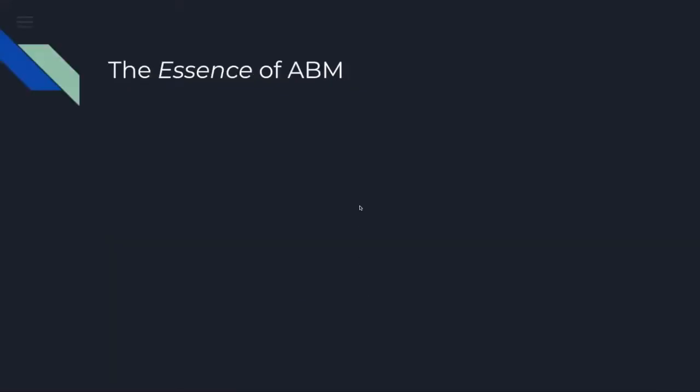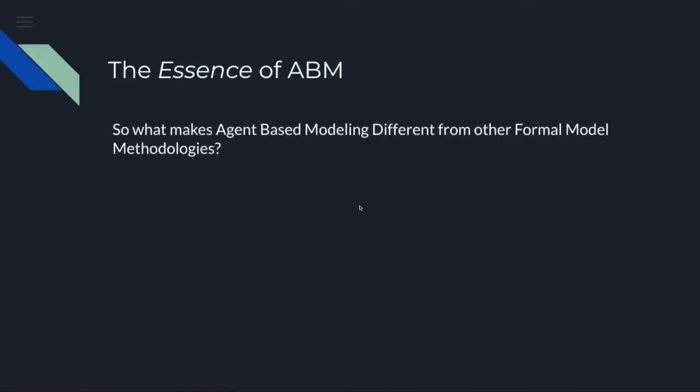So the essence of agent-based modeling. As humans have tried to do forever, we've tried to rigorously model nature in order to make fairly accurate predictions or estimations. While doing that, we also want to try to understand how these things interact together.